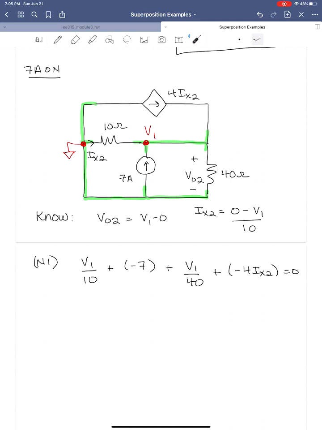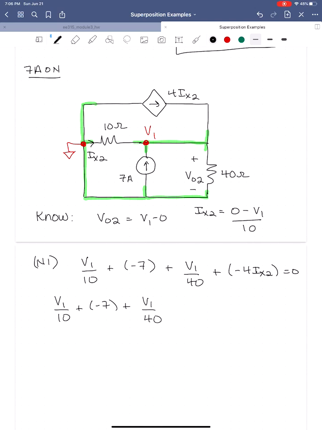Minus because the current that we want is the current flowing in this direction, and the current source flows in the opposite direction. Okay, so if we substitute IX2 into this expression, we will have V1 over 10 plus minus 7 plus V1 over 40.